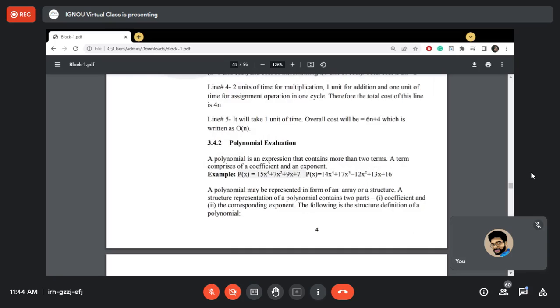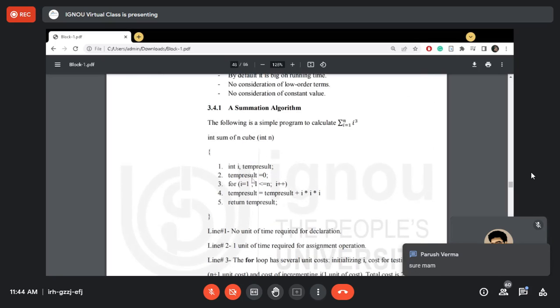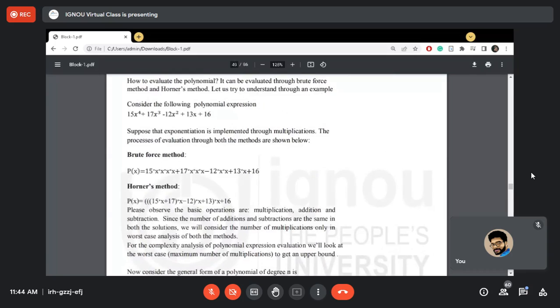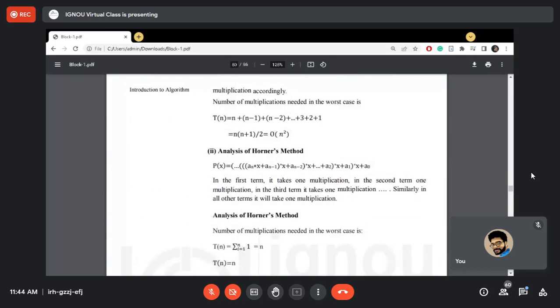Okay, sure, ma'am. So in the previous class, we completed this example, that is, how to calculate the complexity of a particular code in notation, right? We also evaluated a polynomial.